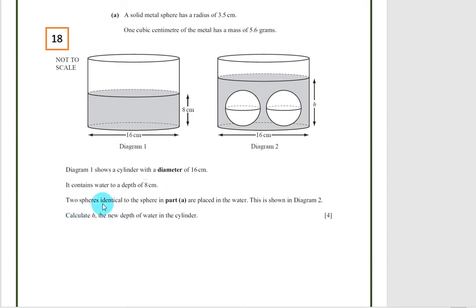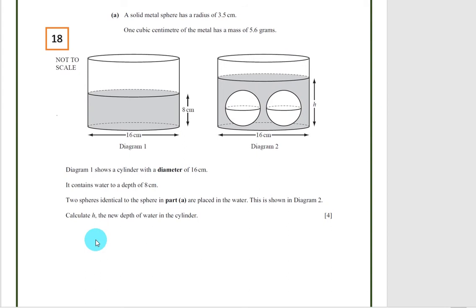Two spheres identical to the sphere in part A are placed in the water. We put these inside the water. This is shown in diagram 2. Calculate the new depth of the water in the cylinder. We put two spheres inside and we need the new height.